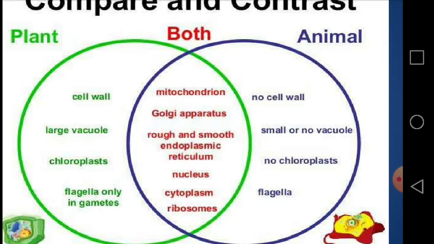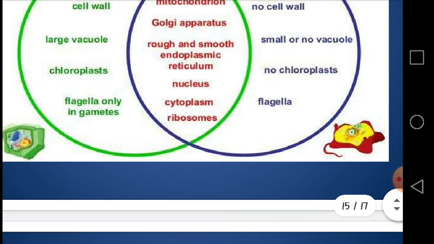Animal cells don't have the cell wall, they have small vacuoles, and they don't have any chloroplasts. The structures found in both animal and plant cells are the mitochondria, Golgi apparatus, endoplasmic reticulum, both rough and smooth, nucleus, cytoplasm, and the ribosomes.